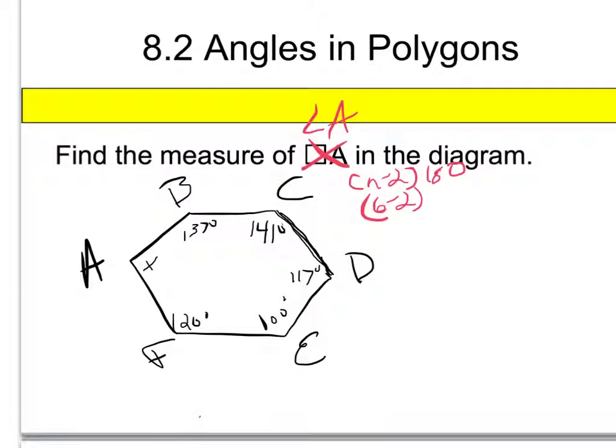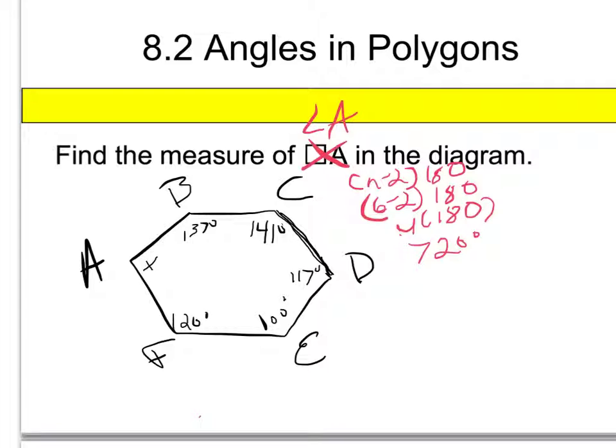We're going to solve then. We have 4 times 180, and if you multiply 4 times 180, you will get a total of 720 degrees. Okay, so this hexagon, and actually all convex hexagons, have a total measure of 720 degrees.